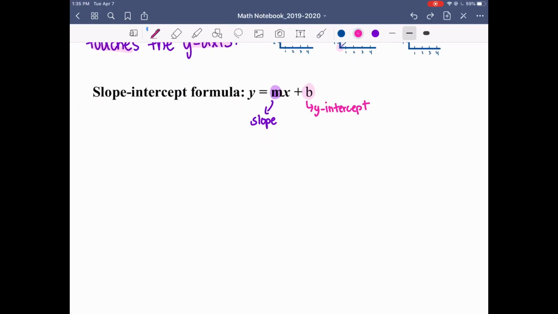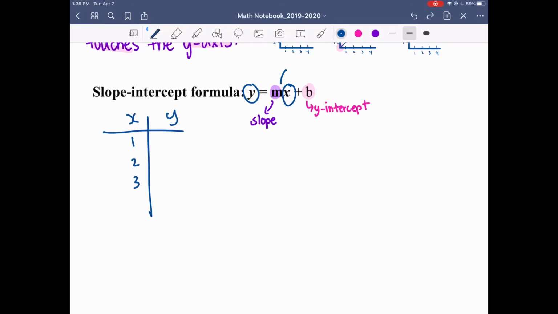So what the slope-intercept formula does is that if you have a table of values of x and y, it's saying that no matter what x and y you plug into the formula, your m and b will stay the same, and if you plug in whatever x, it will give you the y properly.